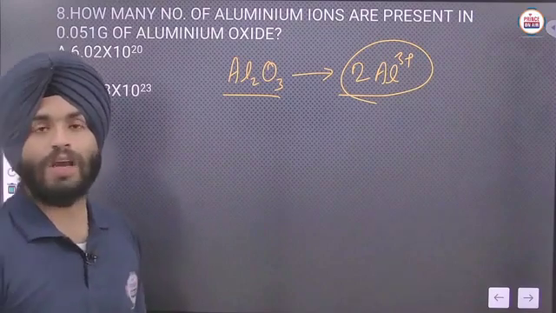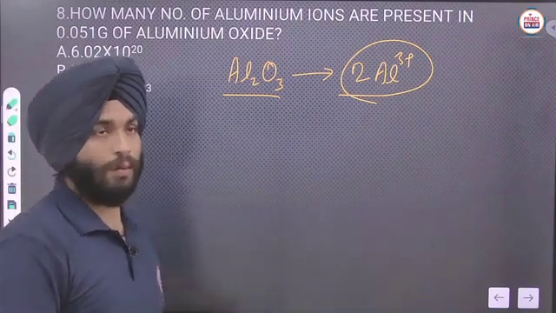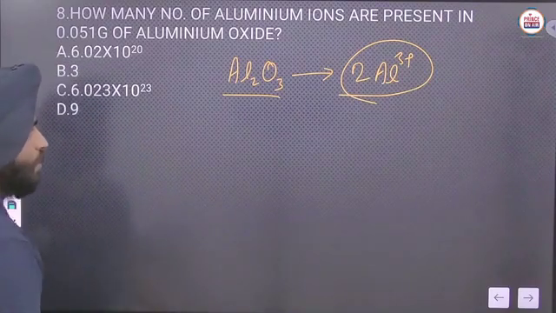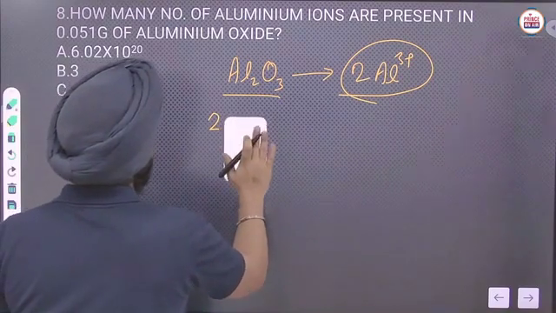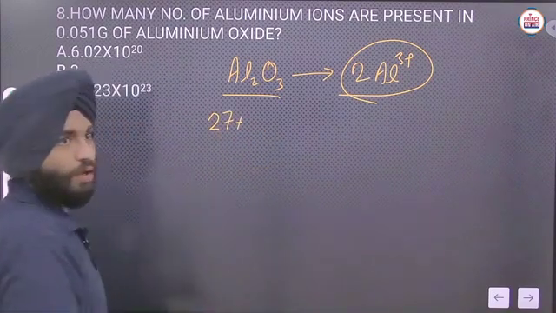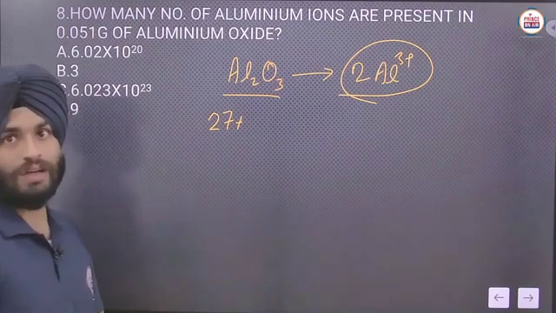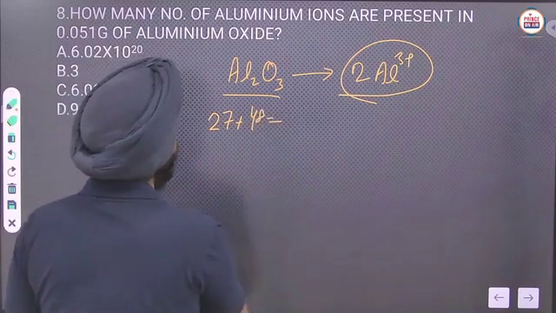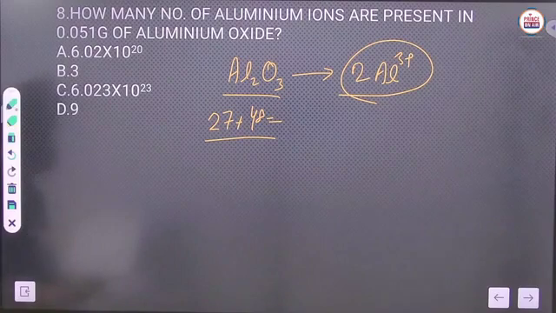So firstly you have to calculate the total number of aluminium oxide molecules in the given amount. Aluminium has atomic mass 27, and oxygen 16, three of them are 48. You have to solve this value, and through that you will get the molar mass.